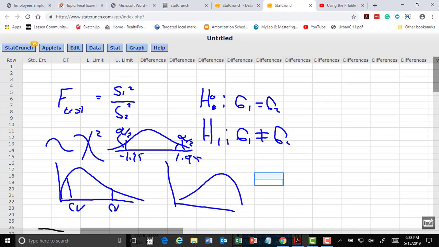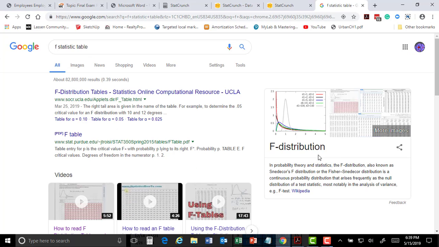Do any of you have an F table? I can't find mine, but I can look it up. Okay, so let's look it up. Let me show you how to read this.